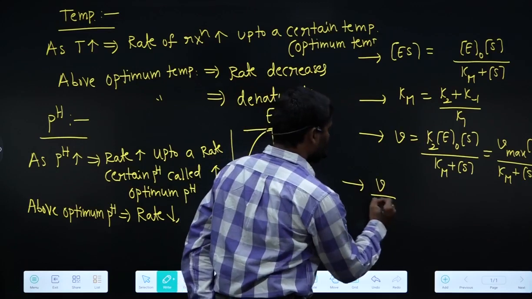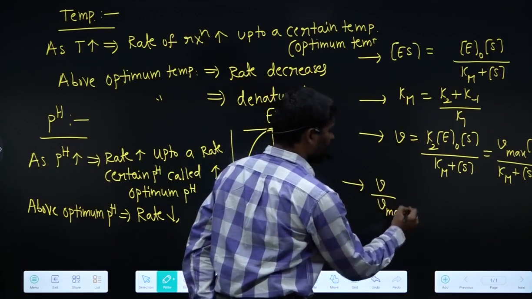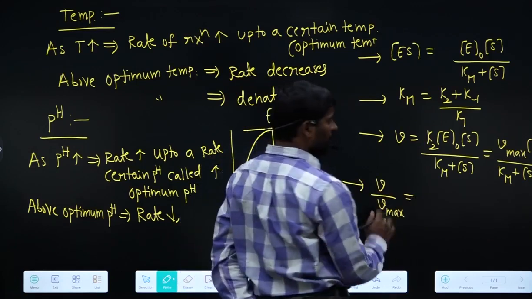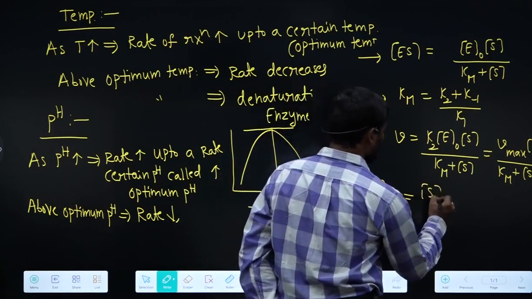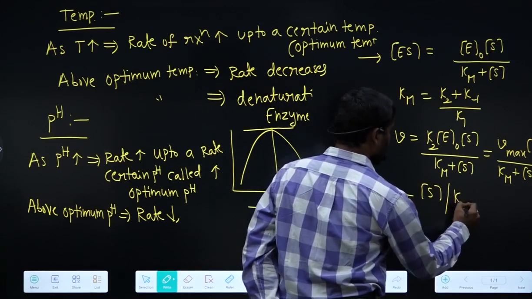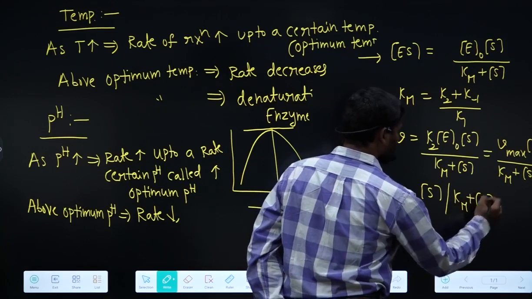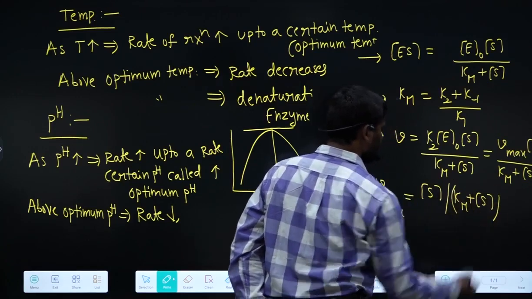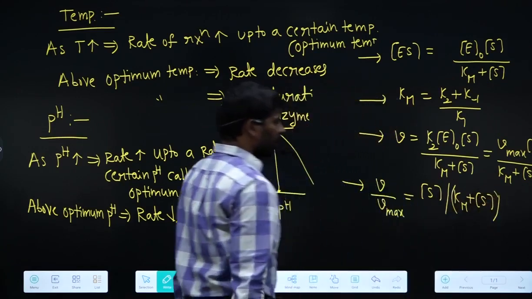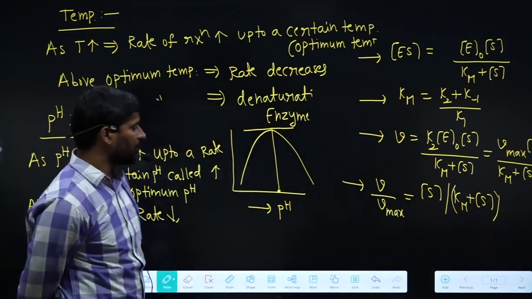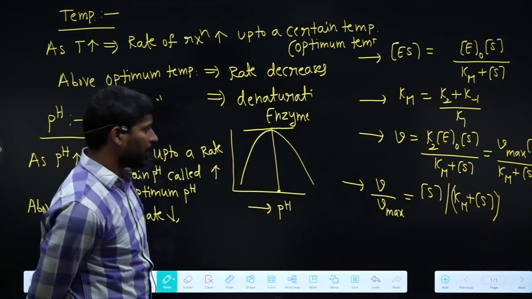Then V by V max is called fraction of reaction completed: concentration of S by Km plus concentration of S, that gives fraction of reaction completed.